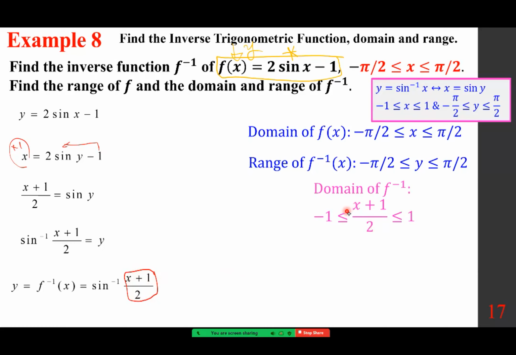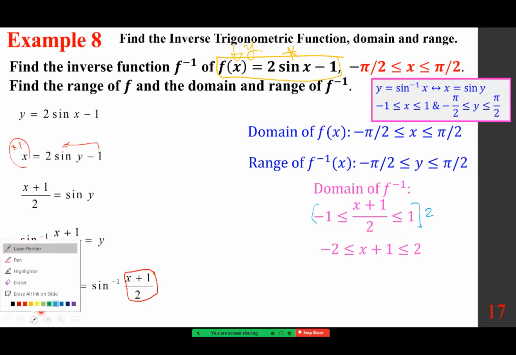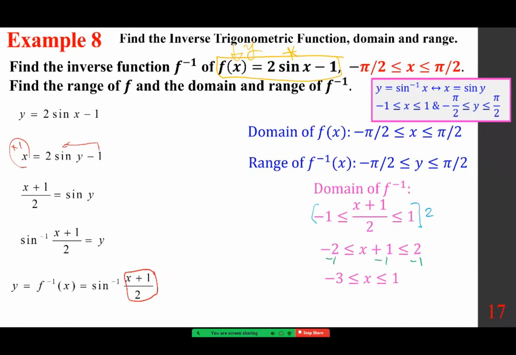Solve for x. So I'm going to multiply by 2, because I want to get rid of that. This becomes minus 2, this becomes positive, so this 2 goes away. I'm going to subtract 1 from all 3 sides. x is between negative 3 and 1.